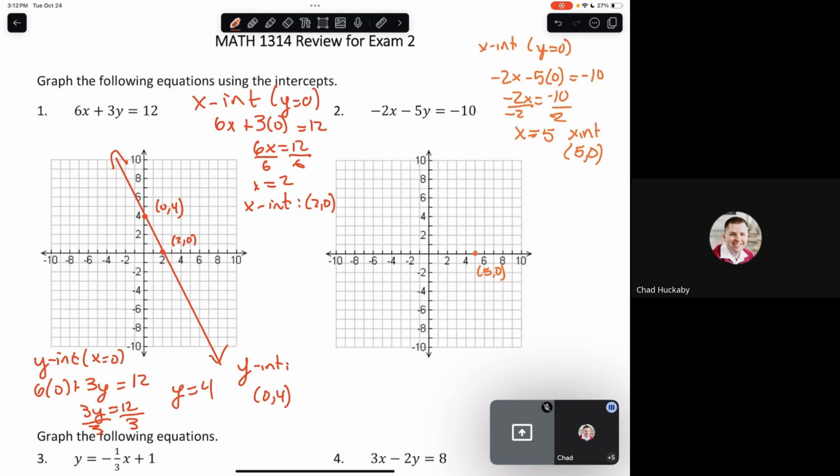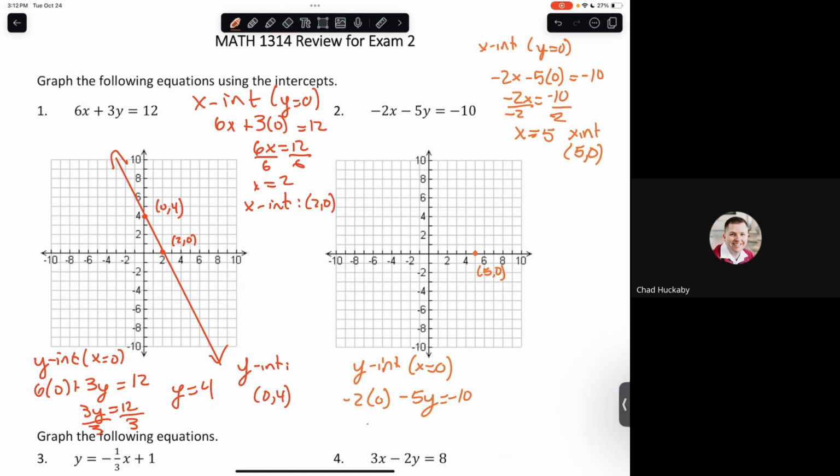What about the y-intercept? Well, same sort of procedure. In this case, x is equal to 0. And so we have negative 2 times 0 minus 5y is equal to negative 10. So negative 5y is equal to negative 10. Divide both sides by negative 5. Negative 10 divided by negative 5 is 2. So y is equal to 2.